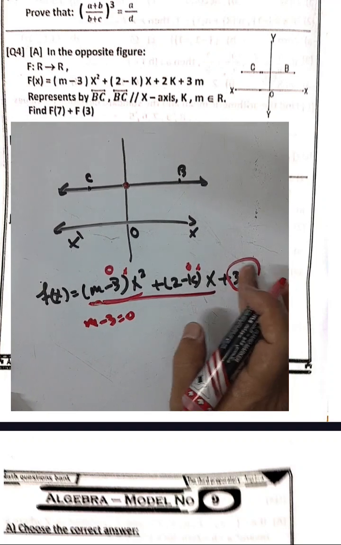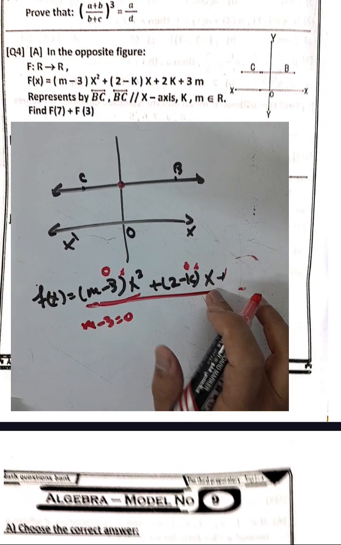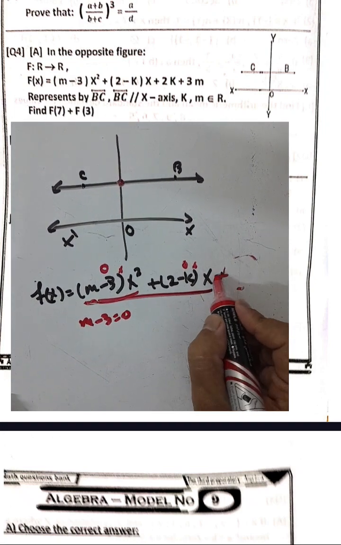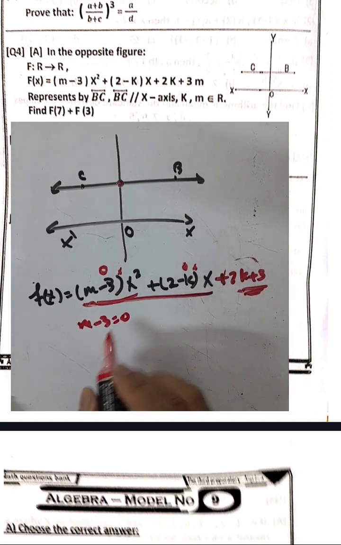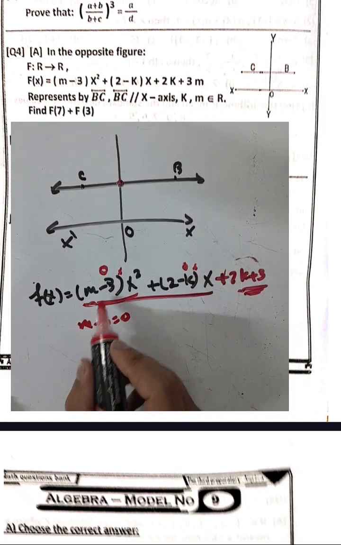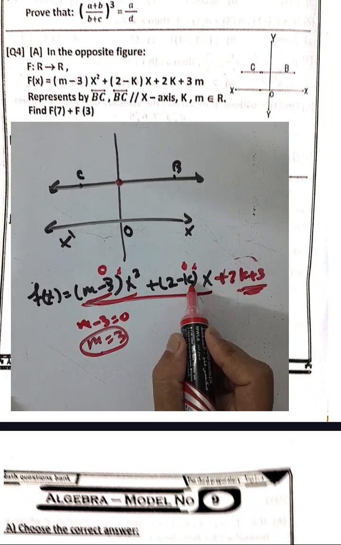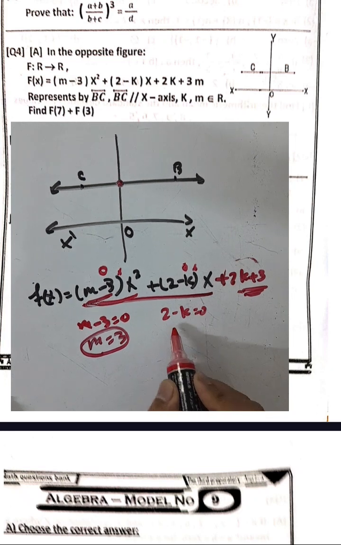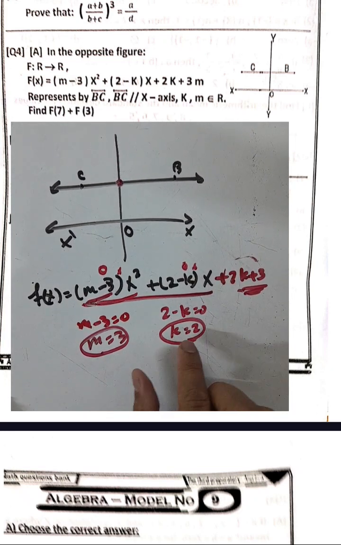We have 2 minus k x plus the constant 2k plus 3m. First, m minus 3 equals 0, then m will be equal 3, and 2 minus k equals 0, then k will be equal 2. Then we have the values of m and k.